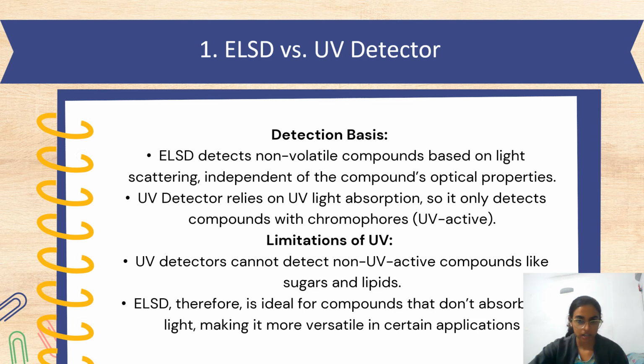Its limitation is that UV detector cannot detect non-UV active compounds like sugar, lipids. ELSD therefore is ideal for compounds that do not absorb light, making it more versatile in certain applications.